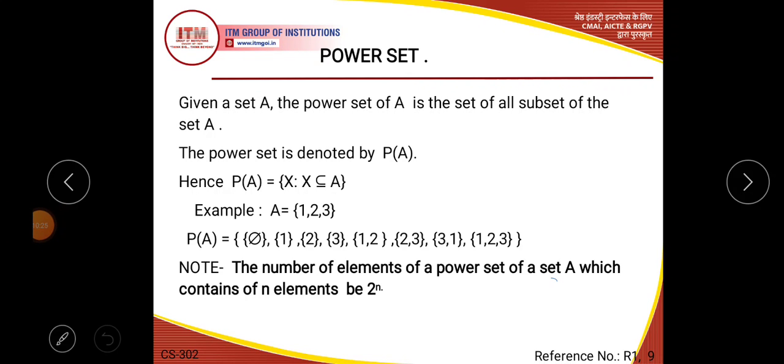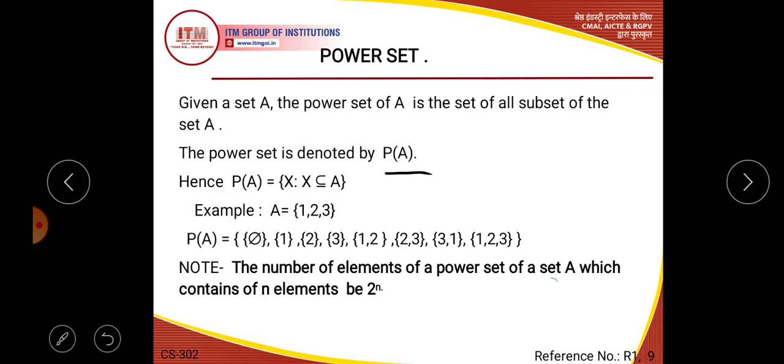Now power set. Given a set A, the power set of A is the set of all subsets of the set A. In other words, power set is a collection of all the possible subsets of A. The power set is denoted by P of A. So this is the notation of power set.